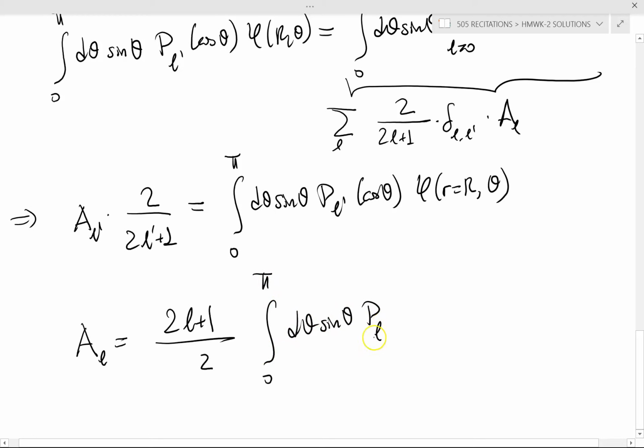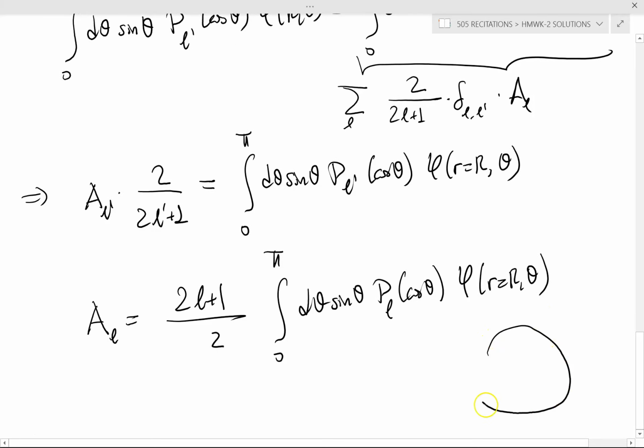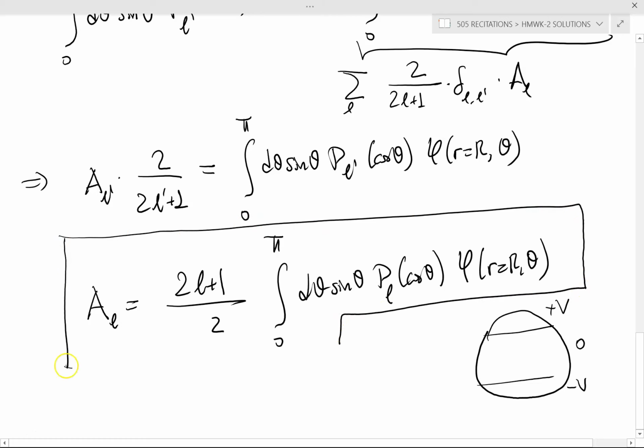I have changed from L prime to L. This potential, remember, is something like this: plus V over there, minus V over there, and 0. Okay, now I have found my A_Ls.